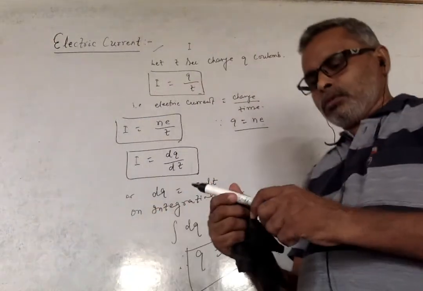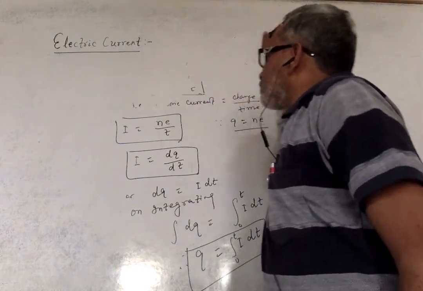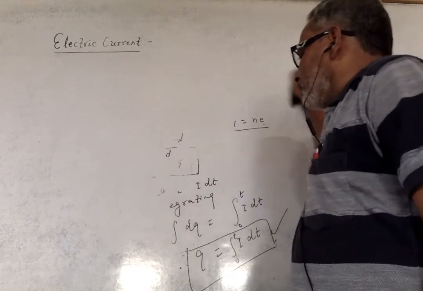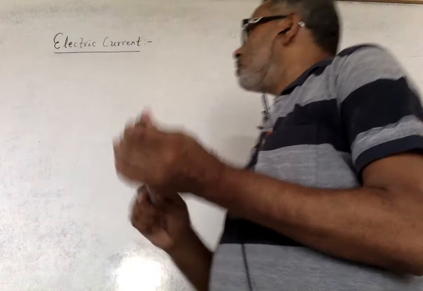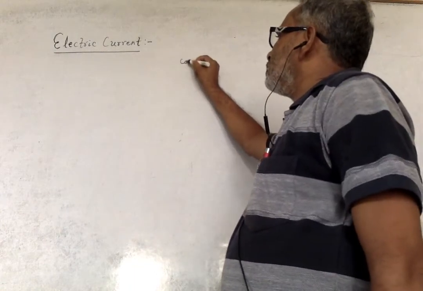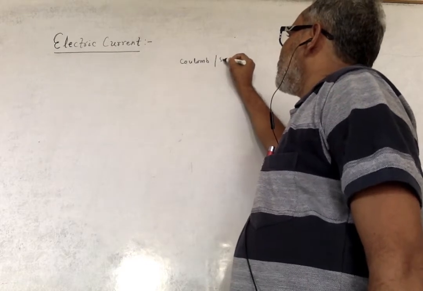Now, the unit of electric current. The unit of electric current is coulomb per second.